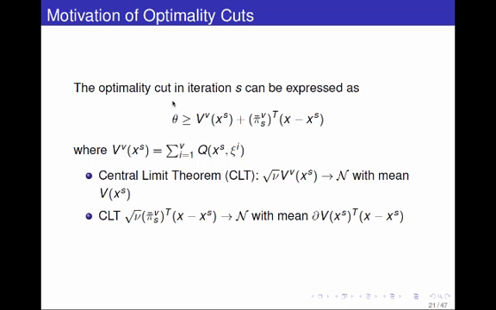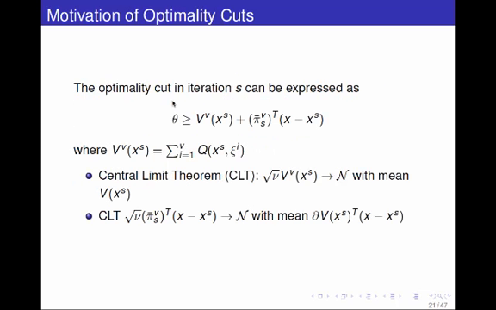As I increase asymptotically the number of outcomes, again according to the central limit theorem, it will converge to the subgradient of the value function at xs. It will converge to this vector here. So this whole term here will converge to the subgradient of V at xs transpose x minus xs.